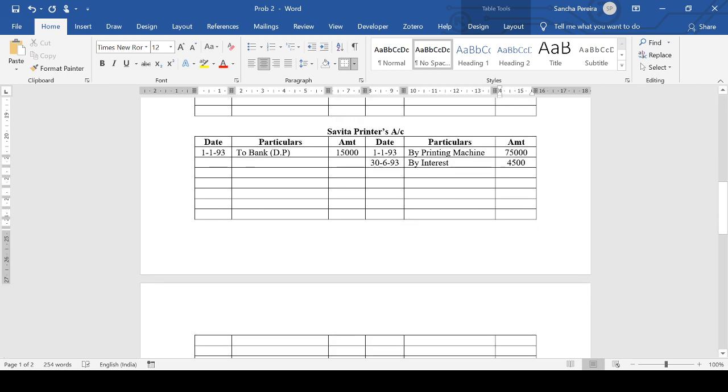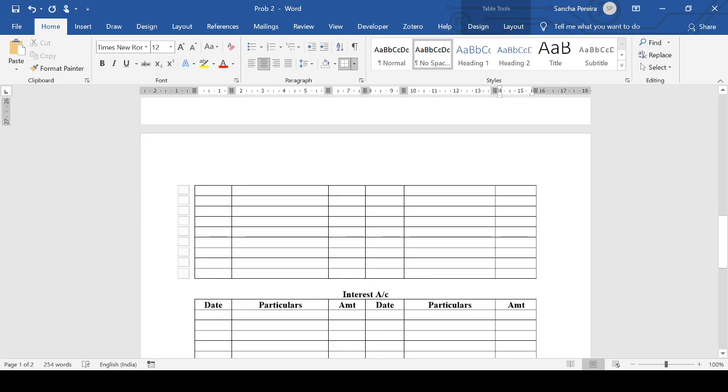And in interest account, you will have it as to Savita Printers, again 4,500.